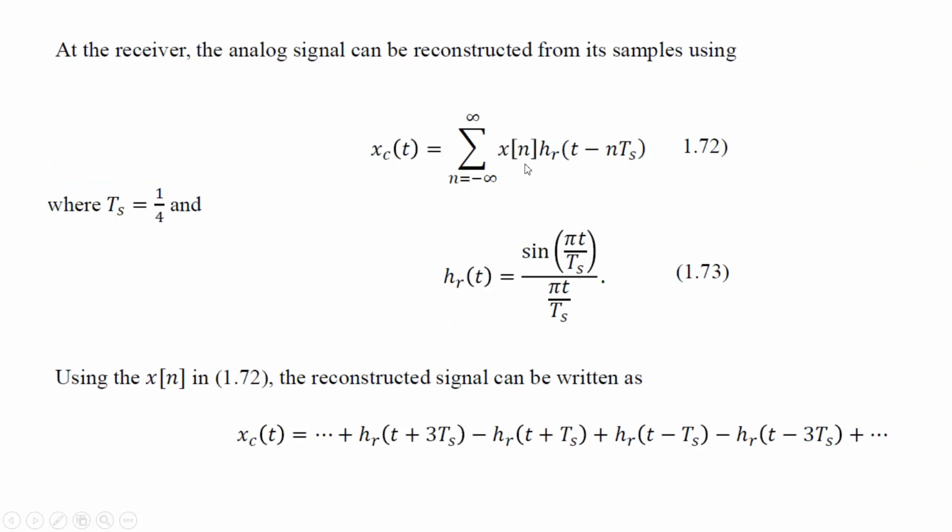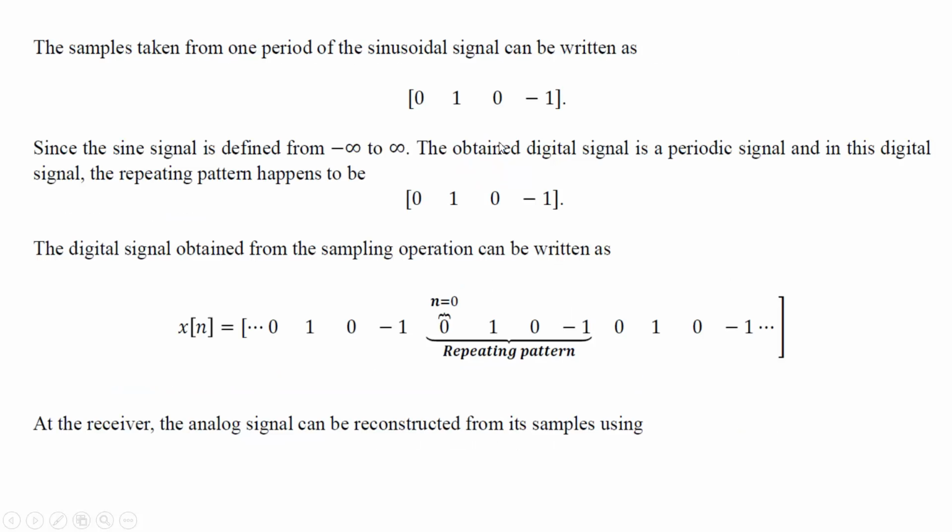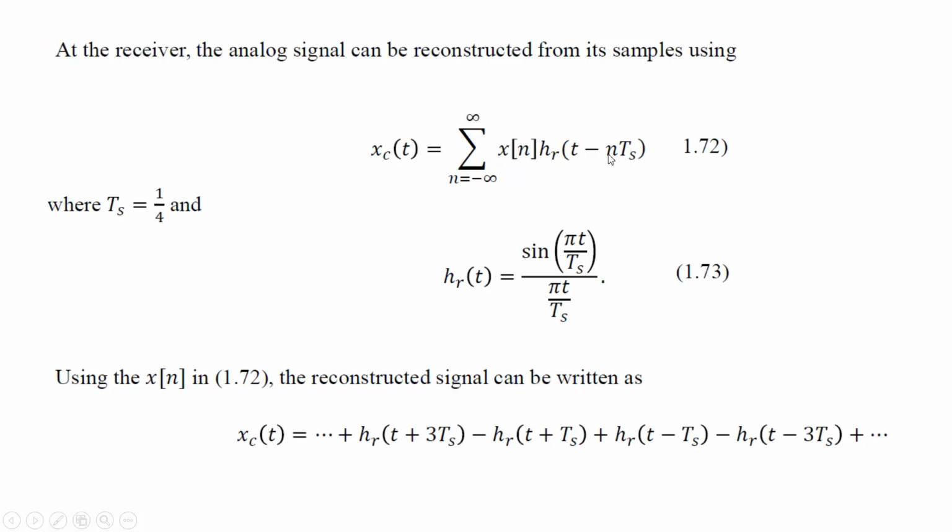So for n equal to 0, this value is 0, therefore the multiplication will be 0. When n is equal to 1, the value is 1 here. So that means hr of t minus Ts, and the xn value is 1. Therefore this factor will come: hr of t minus Ts.